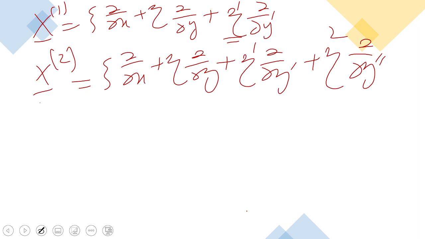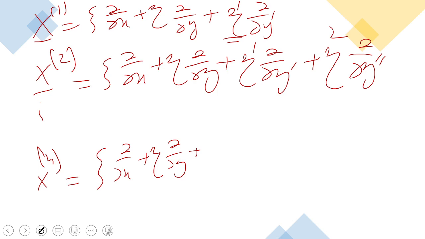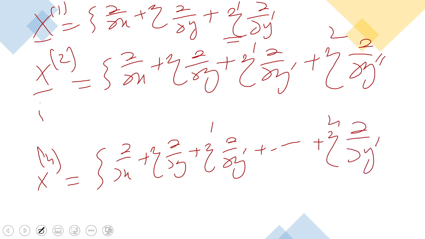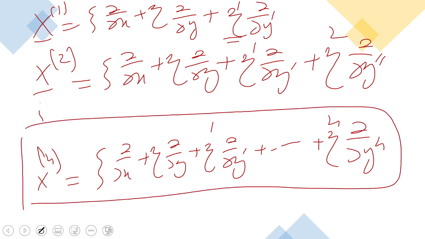So I'm writing the n-th extension: ξ ∂/∂x, η ∂/∂y, η1 ∂/∂y', up to and so on, ηn ∂/∂yn. This is the nth extension of the generator.